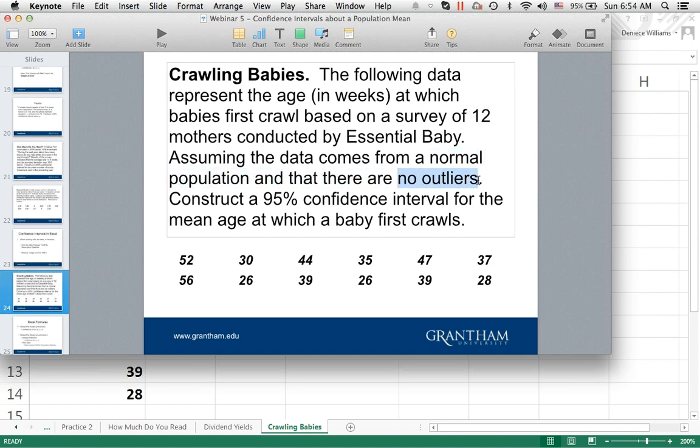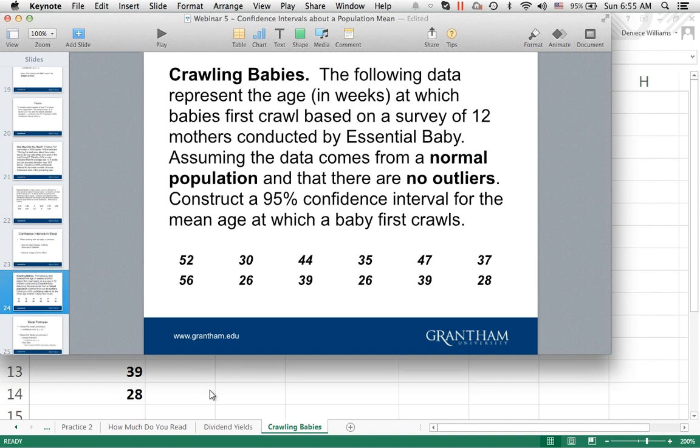There are no outliers. And we're going to assume that this data was random, even though it's not listed here, because if it wasn't random, we couldn't do this. So we're just going to assume it's random.